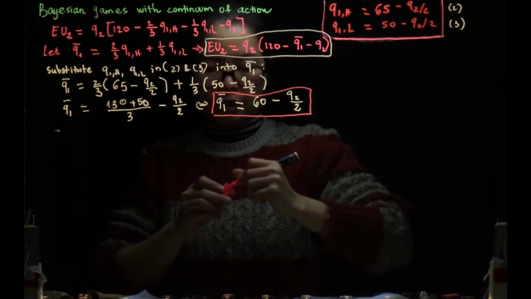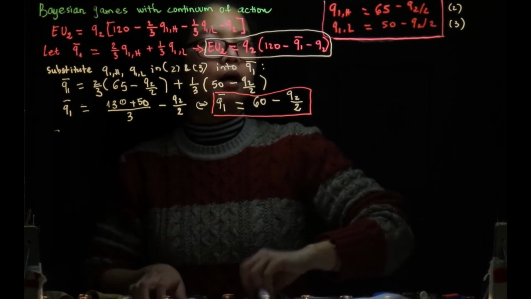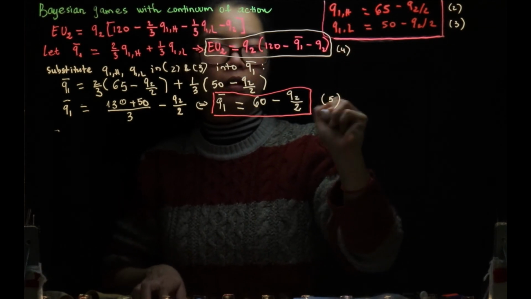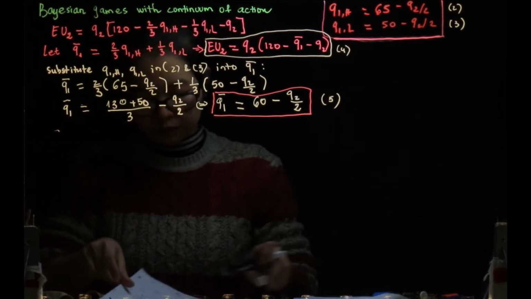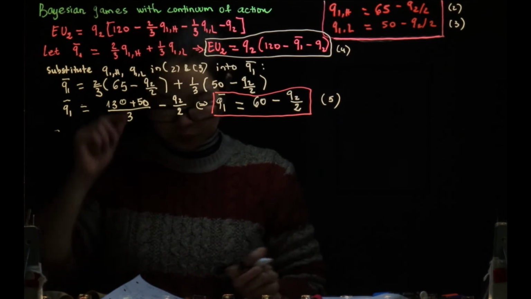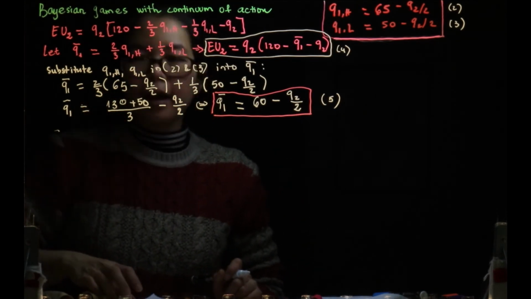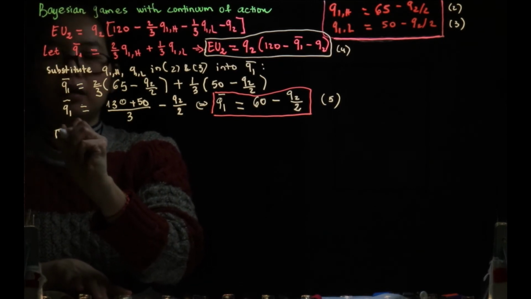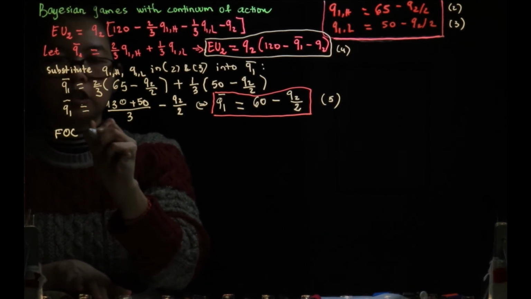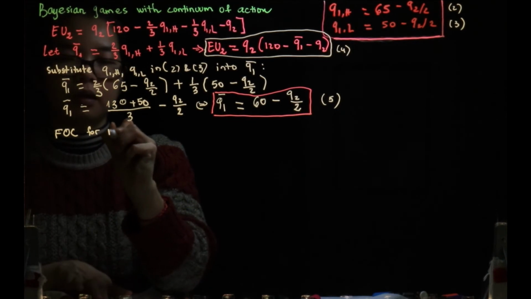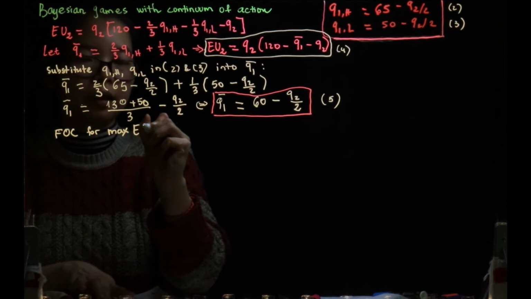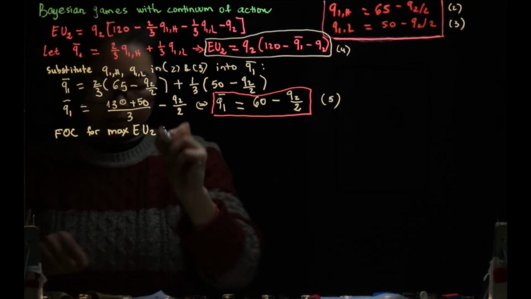So let's say this is the 4th and this is the 5th equation. Right? Just keep it there. Now let's derive the first order condition for the max EU2 problem.